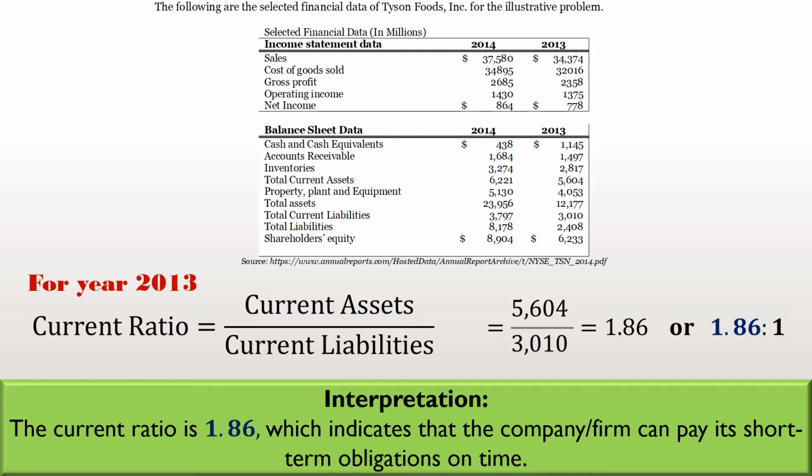Thus, the current ratio is 1.86, which indicates that the company or the firm can pay its short-term obligations on time. Ibig sabihin ng ratio na 1.86, sa bawat piso na pagkakautang or short-term liabilities ng kumpanya, may 1.86 silang pangbayad.